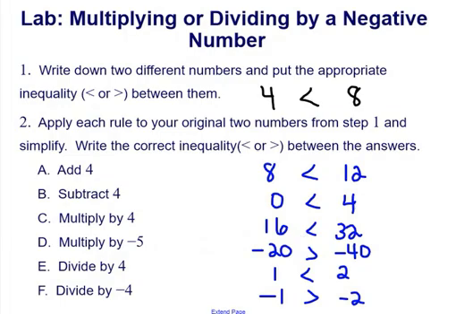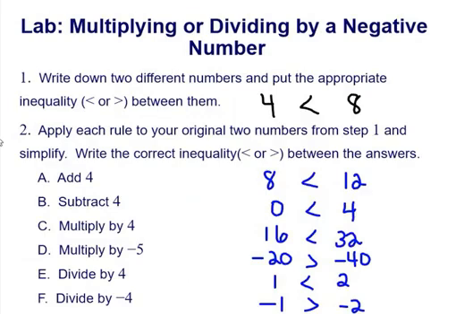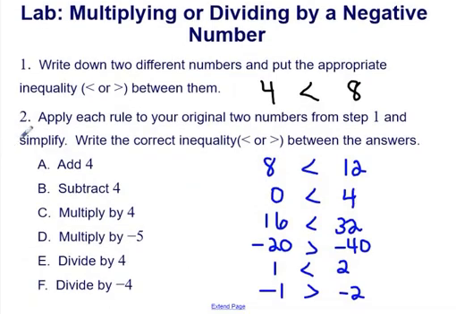So the second part of the lab asks you a bunch of different questions. It asks you to compare results with someone else and then to generally write a rule for what is happening, to compare the results, to see patterns, to look at the symbols. If we look at our numbers, if we look at our inequalities, you should try and see what you notice.